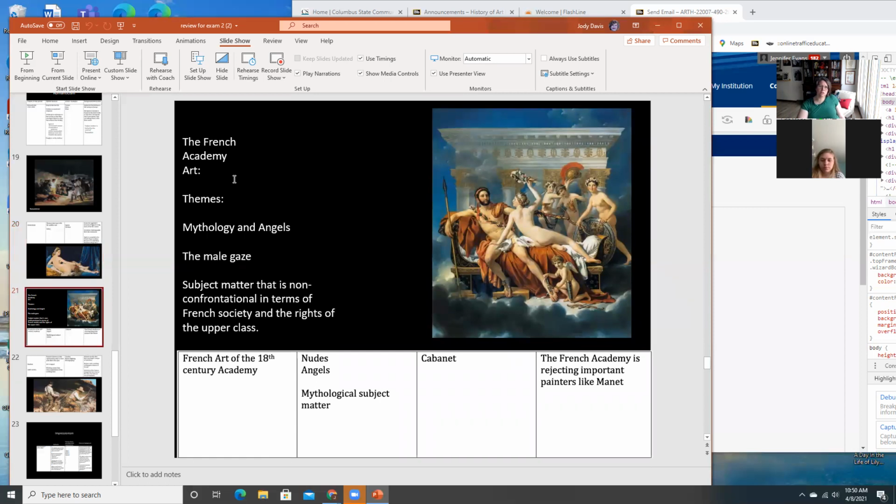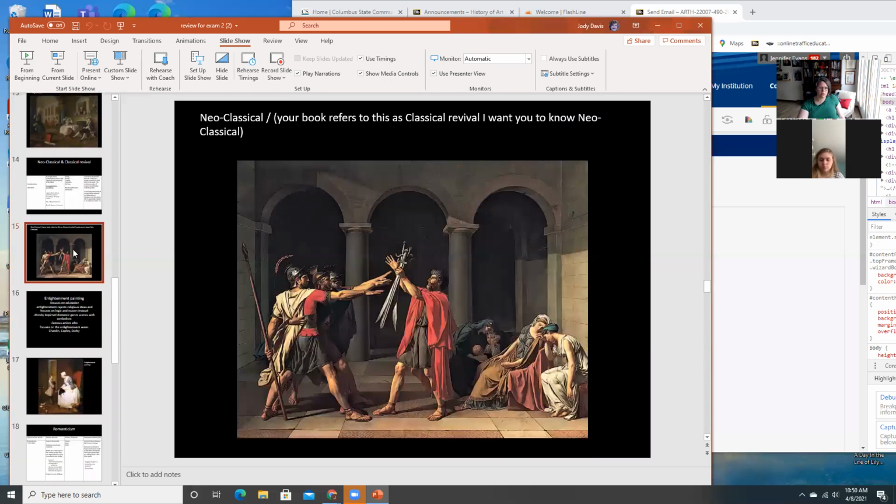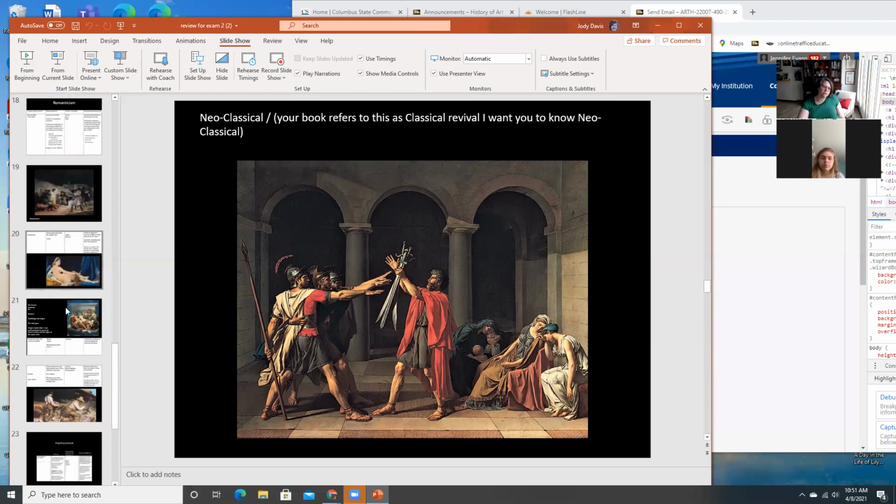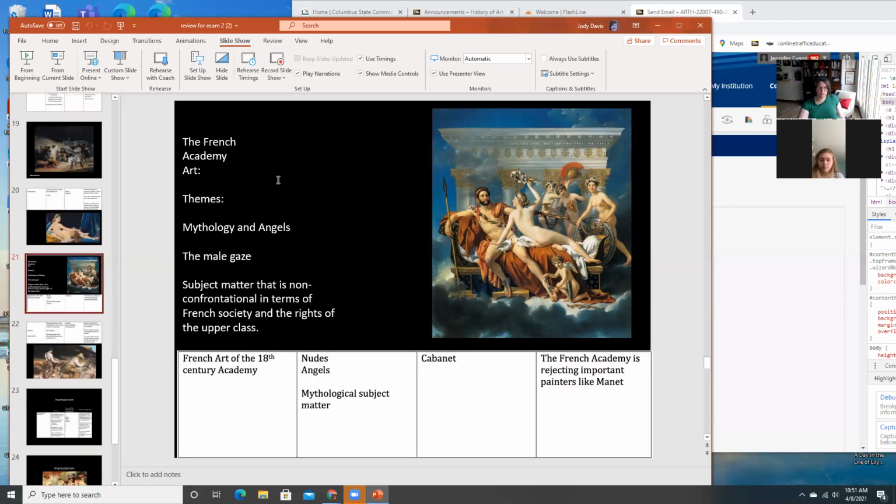All right, so then let's talk about French Academy art. French Academy art differs from neoclassical art because it's not a romanticized look at women. If you go back to my neoclassical slide, you can see that the women are grieving, the men are going to fight. And there's a lot of Roman Greek reference. When you get to the French Academy art, we see themes of mythology, just like in neoclassicism, but we see more angels, we see more nude reclining women.